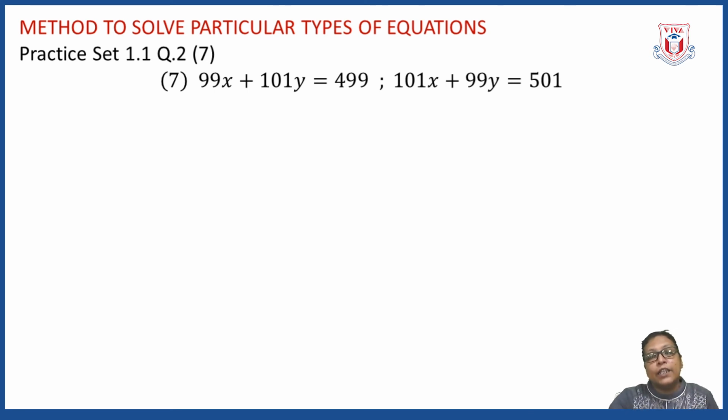That is why these questions are called a particular type of equations. You will find that these numbers are very big, and if we use the first method, that is the equating coefficient method, the calculations will be very big and tedious also.